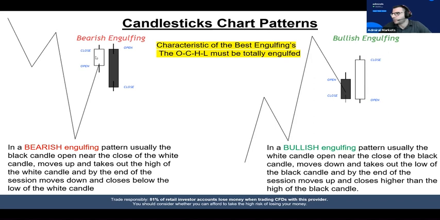Some people like to see this color as green, brown, whatever colors. I just use black and white. So we have this bullish candle. Then what happened? The next candle opened pretty much at the same level where this one closed.